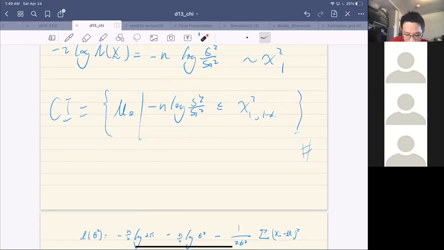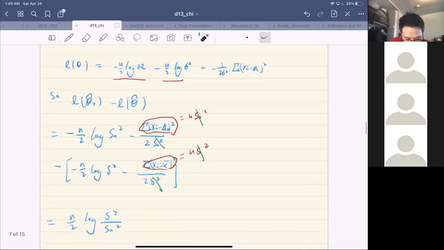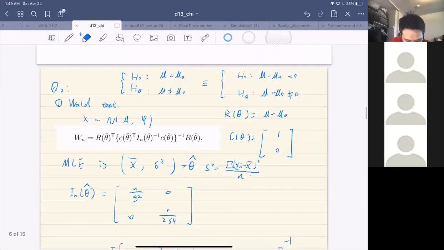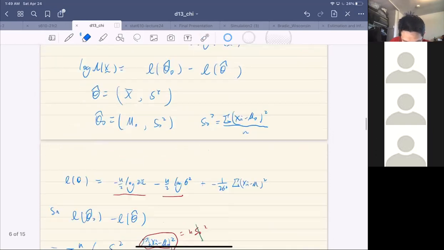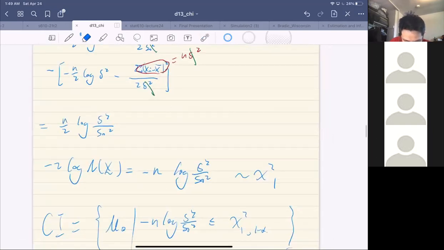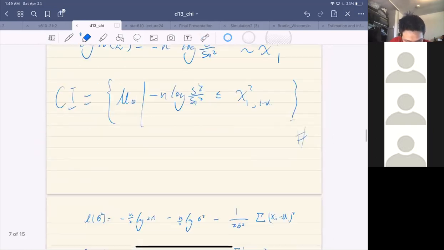So in that case, it's easy to say it's an interval. Yeah, that's a good question. How to find this test is very important in the final.